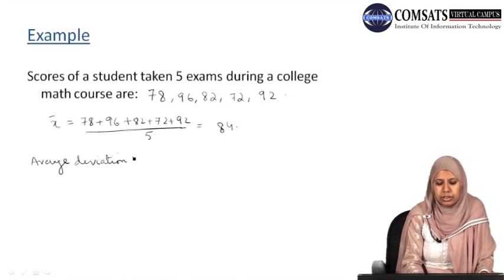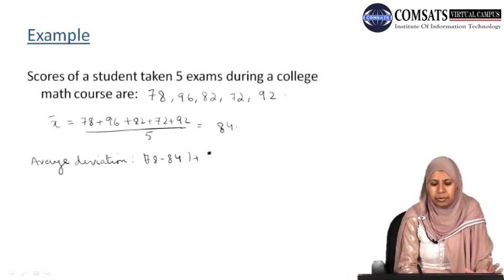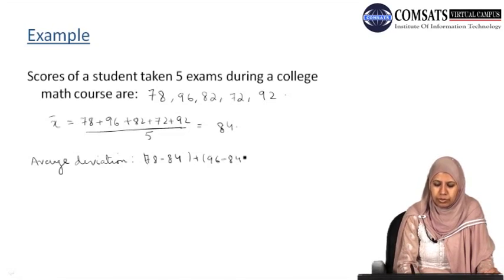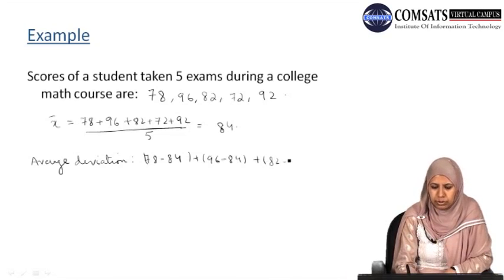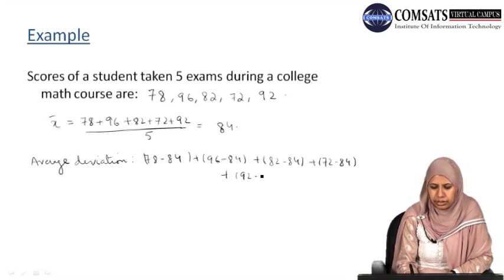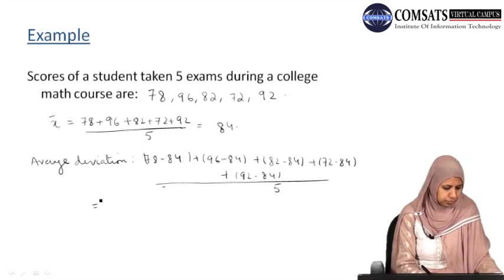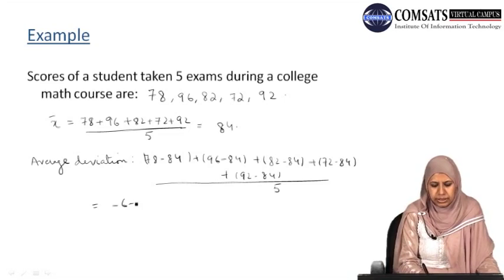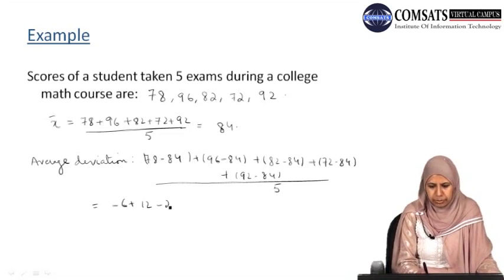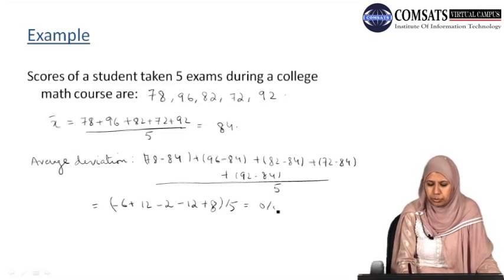The average deviation was the difference of each data point from the mean, added together and divided by the total number of data points, that is 78 minus 84 plus 96 minus 84 plus 82 minus the mean plus 72 minus the mean plus 92 minus the mean, all divided by 5, and we obtain minus 6 plus 12 minus 2 minus 12 plus 8, divided by 5, which is 0 by 5, that is 0.